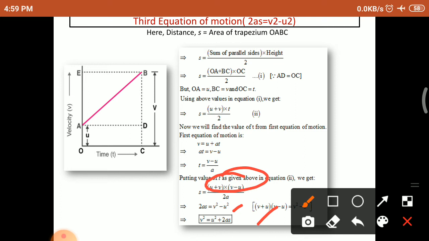So from this, we can rearrange v square equal to u square plus 2as. This is the third equation of motion we derived from the graphical method.